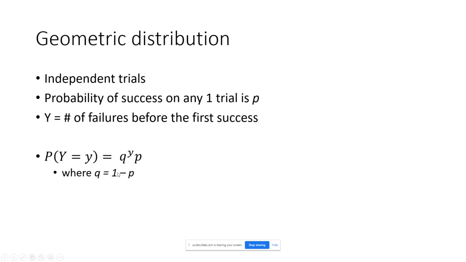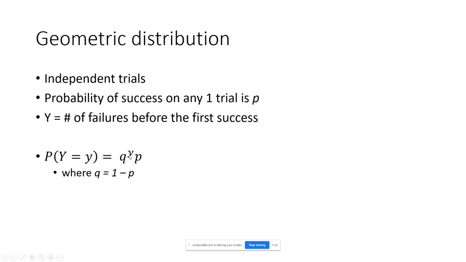This is the case because in order for there to be y trials before the first success, we need to have a success on trial y plus 1, and before that, we need to have y no results in a row.